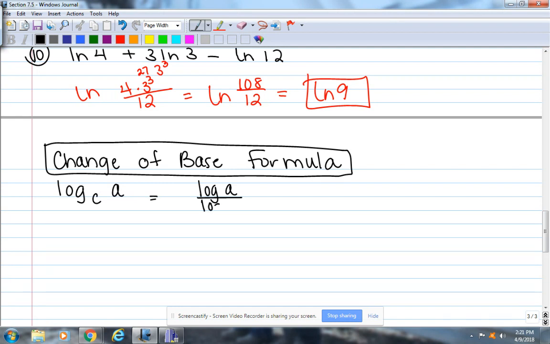Okay, and then divide it by log of the base. Or you can do the natural log of A divided by the natural log of the base. So you do the logarithm of the top number divided by logarithm of the bottom. Or you could do natural log, just whatever your calculator decides to hit.